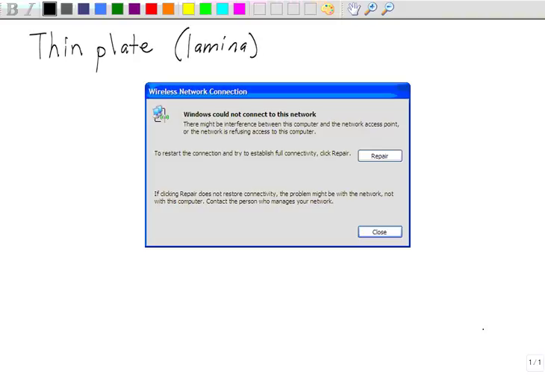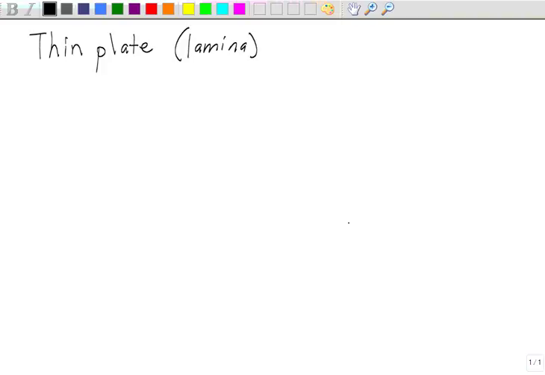Okay, let's look at some of the applications of double integrals. So first we're going to take a thin plate, and this is called a lamina. Let's take this thin plate as a region D in the XY plane.